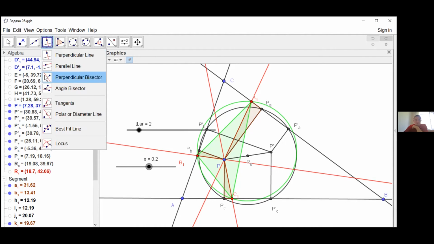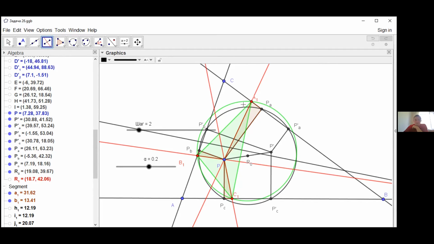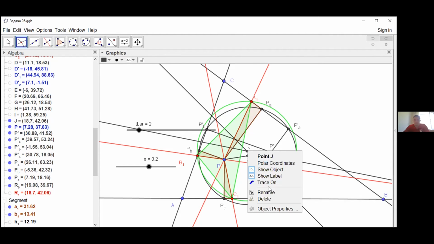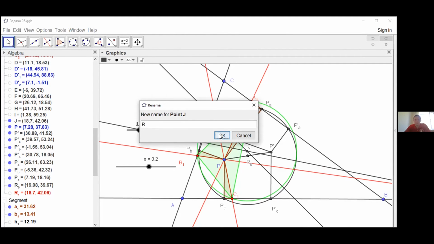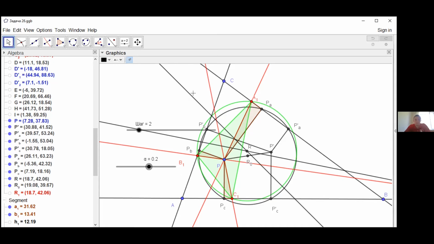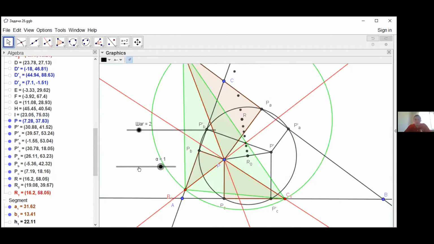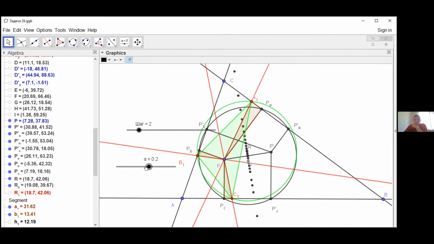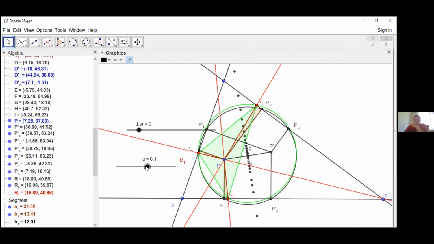Yes, let us construct it. We call it R. And you see, as expected, this R, this center of the green circle, is moving along the line that is the perpendicular bisector of PP prime.